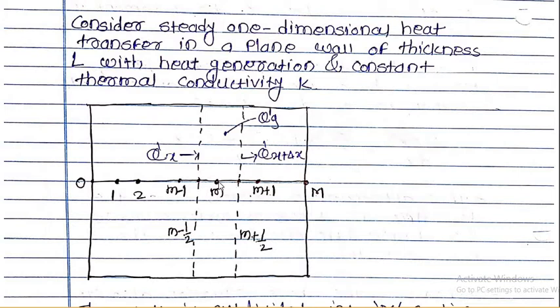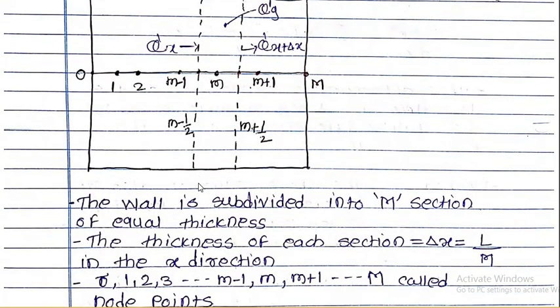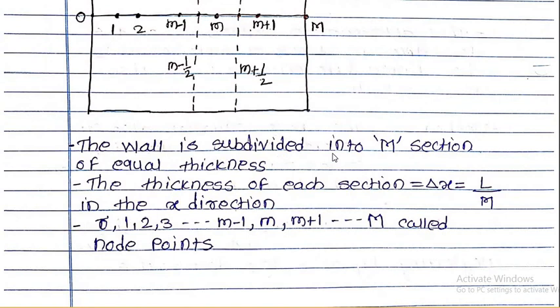So the influence of m is up to half of the thickness of the node succeeding and preceding. The wall is subdivided into m sections of equal thicknesses. The thickness of each section will be considered as delta x.